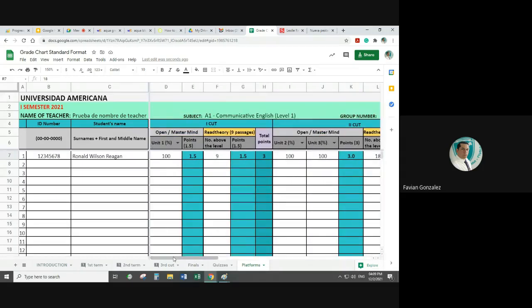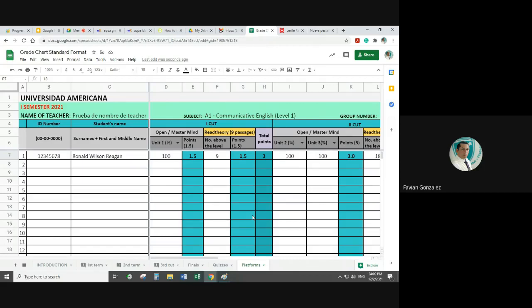So students can read more than that. Actually, the message is to read more. They should read more and more and more. But they have a minimum of passages above the level that they have to turn in. Okay.